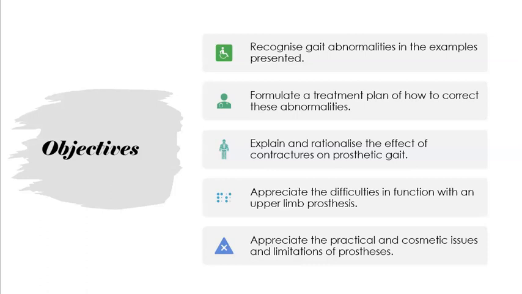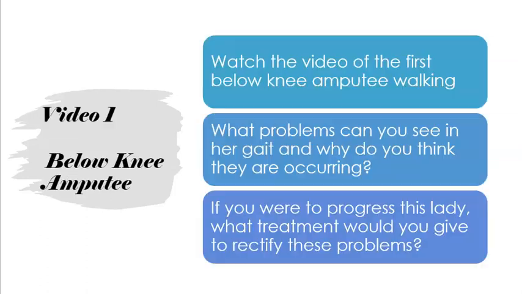Explain the rationale and the effect behind fixed flexion contractures or hip flexion problems with prosthetic rehab. Some of the difficulties that we have in function with the upper limb, that's on case study 4, and then appreciate the practical and the cosmetic issues which are important. So we're going to move on to video 1.